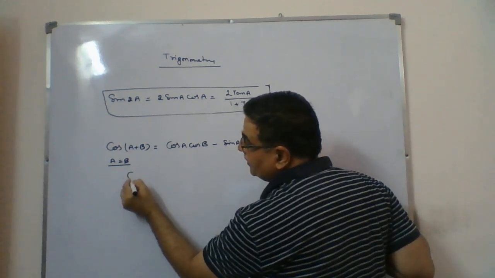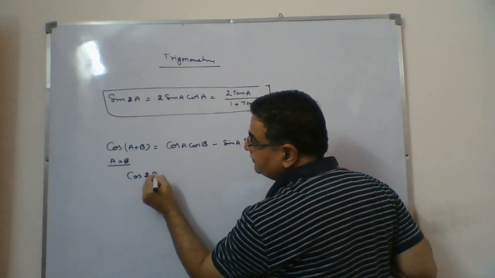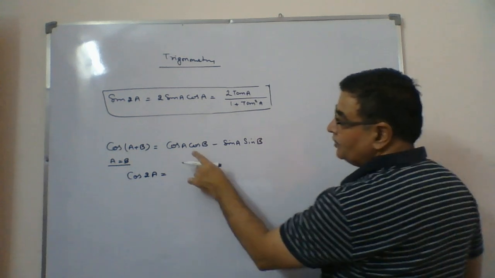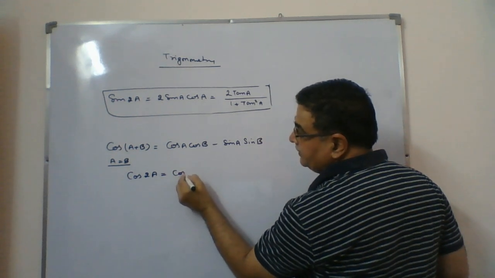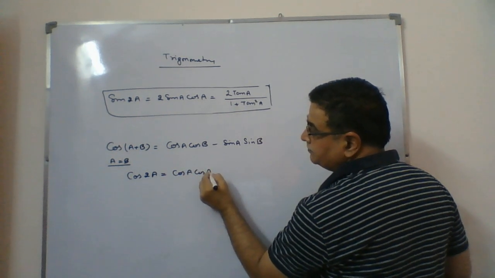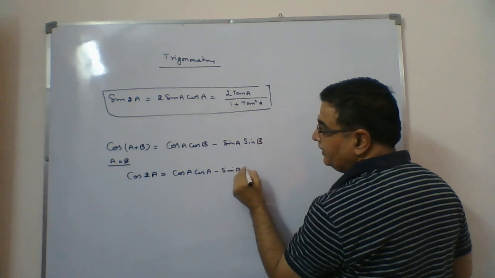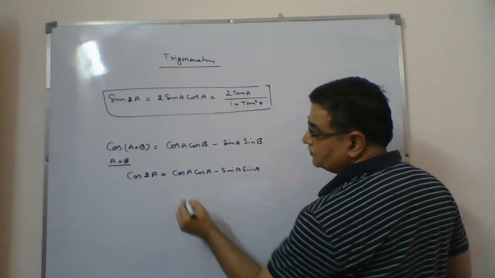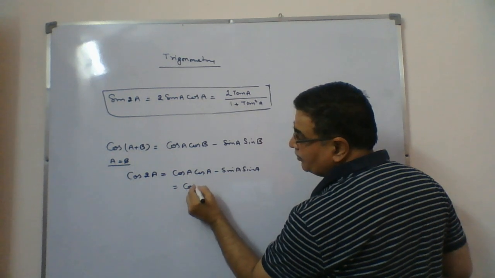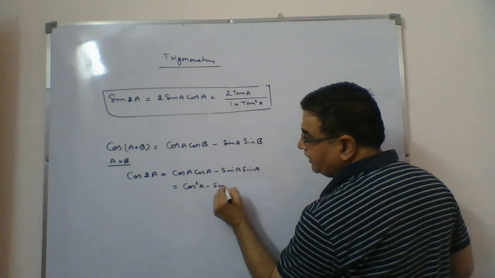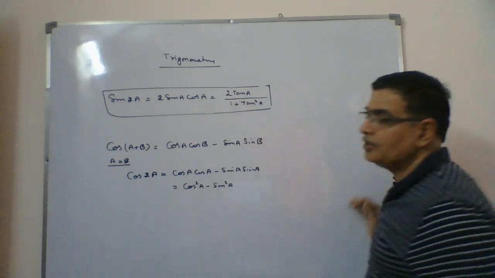When you do this, it will come out to be cos of 2A. Then this will be cos A and cos A, and then sin A and sin A. Now when you solve it, it will come out to be cos square A minus sin square A, which is the cos 2A formula.